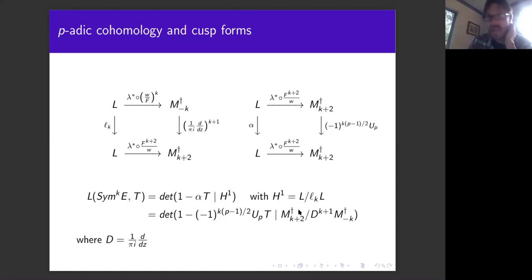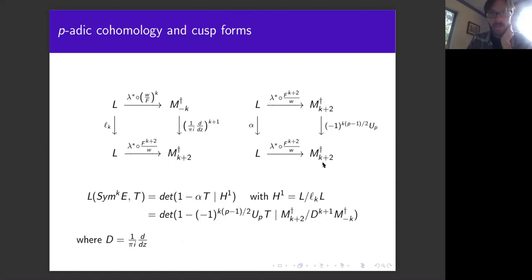I'm not saying p-adic modular forms. I'm saying a p-adic space of modular forms. And here the D is exactly this Eichler derivative. So that's giving a direct relation between the cohomology theory and modular forms.